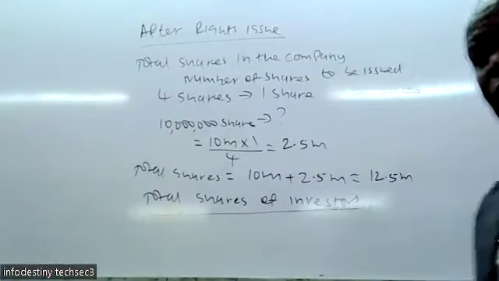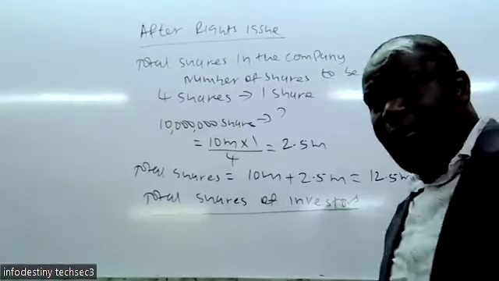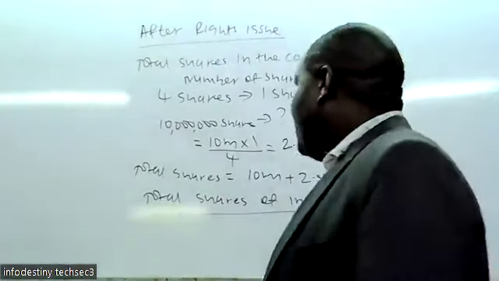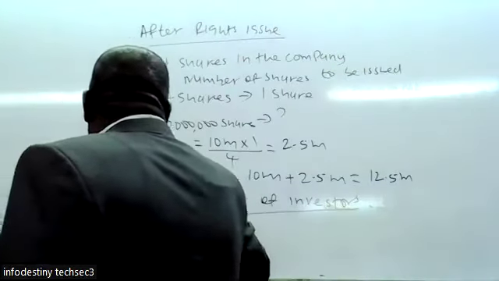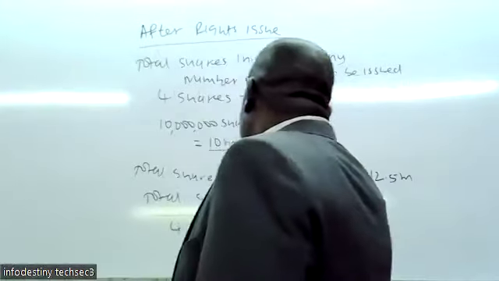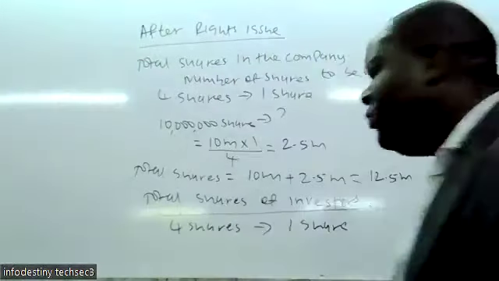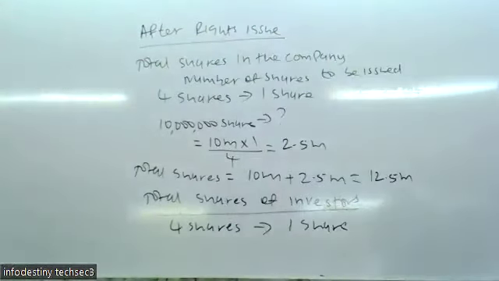To get the total number of the shares of the investor, we know that for every 4 shares, you get 1 new share.